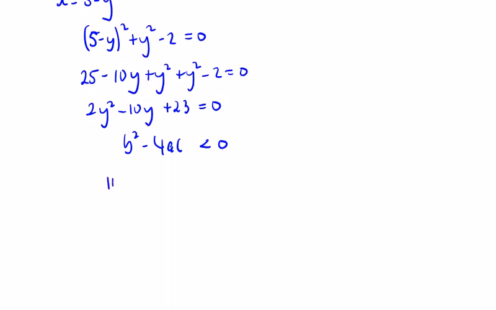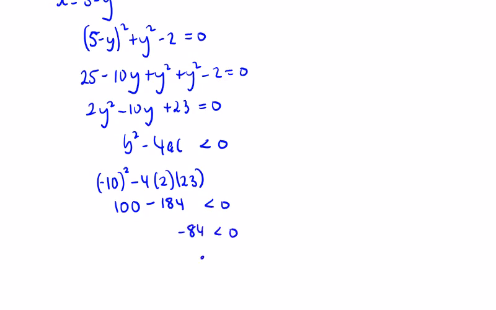So b squared is minus 10 squared, minus 4 by 2 by 23. You can see that 100 minus 8 by 23 is 184. Is that less than 0? Minus 84 is less than 0. Therefore, they do not intersect.